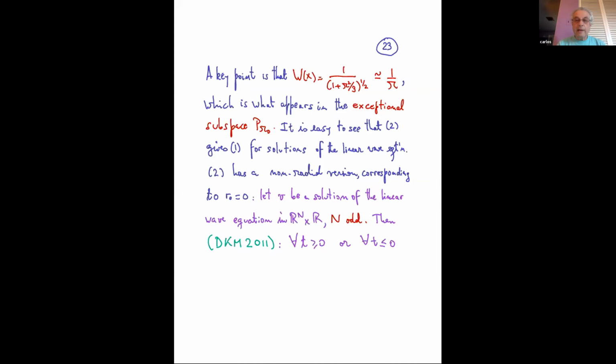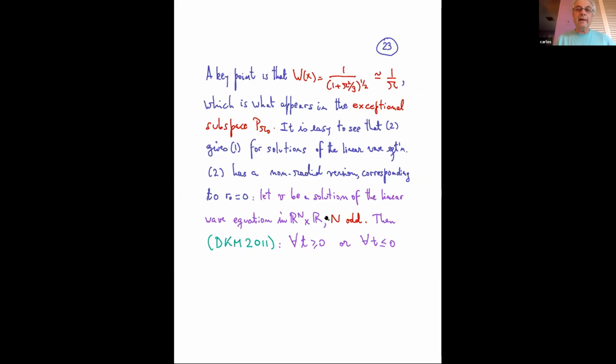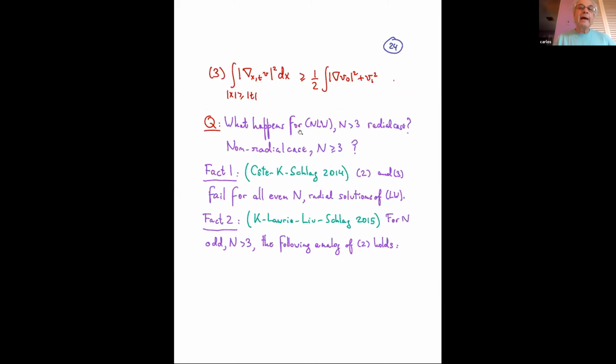The next thing I want to mention is that there's a version that holds in the non-radial case for all odd dimensions, all n odd. So for all t bigger than or equal to 0 or t less than or equal to 0, we have the corresponding result for R not equal to 0 in the non-radial case.